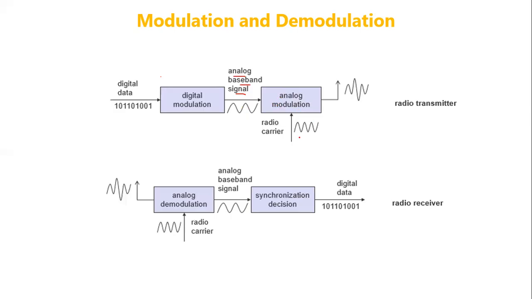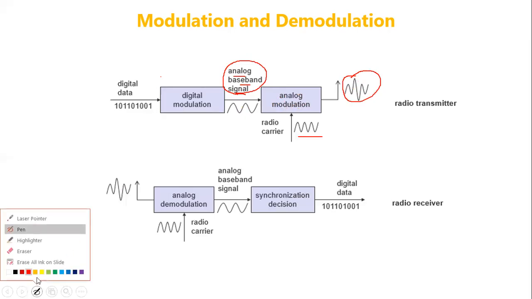Modulation is always done using a carrier wave of high frequency. So as the output of analog modulation, you will get a signal of higher frequency compared with the analog baseband signal. And this high frequency signal will be transmitted over the wireless medium. This process is called modulation.